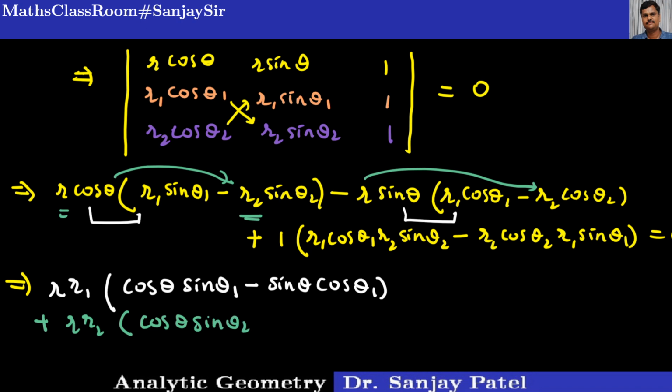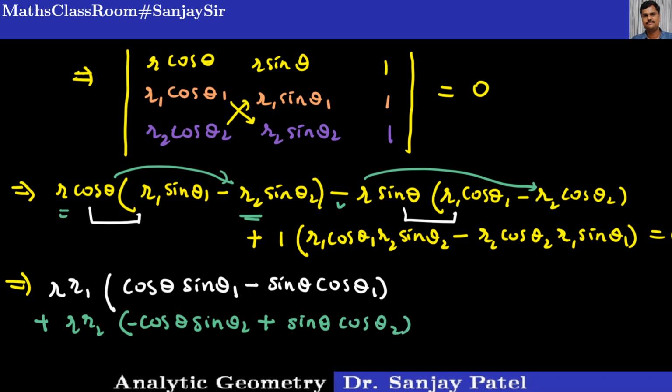Okay, so let me write minus here, and this is minus and this is also minus, so it will become plus. So I can write plus r2 sine theta cos theta 2, sine theta into cos theta 2.